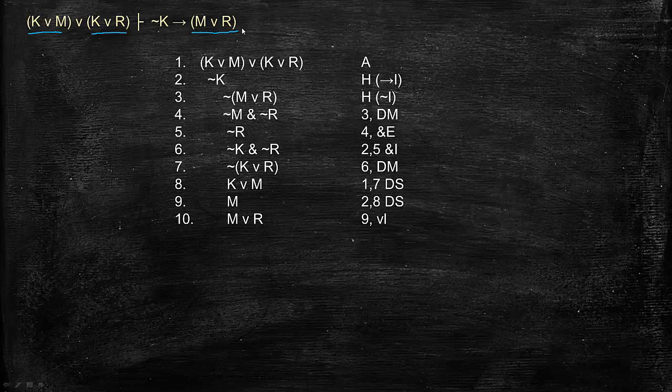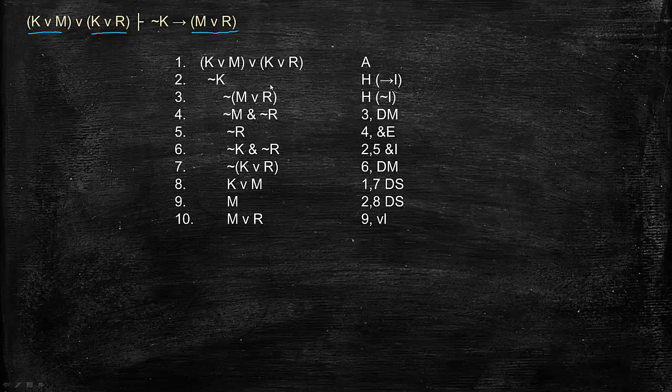Now you might get kind of confused here, right? Because we have M or R, so it looks like, hey, we can write if not K, then M. Oh, wait a minute, hold it, we were trying to get a contradiction.